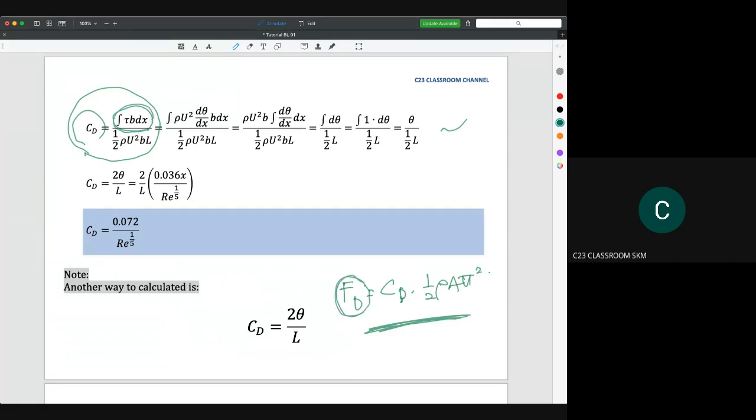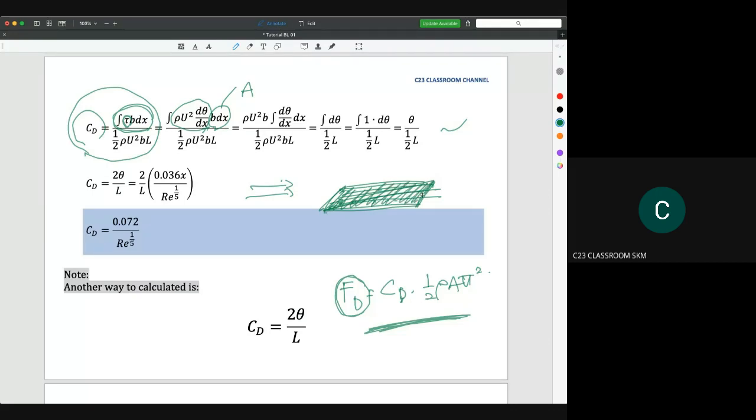What we do is substitute with von Karman, because the shear stress here can be calculated using von Karman, and the b dx here reflects the surface area. Please make some revision in fluid mechanics one. If we have a plate like this and the wind blows, resistance occurs due to the viscosity that sticks on the surface. That's why we need to multiply the total area with the shear stress. That's the idea.